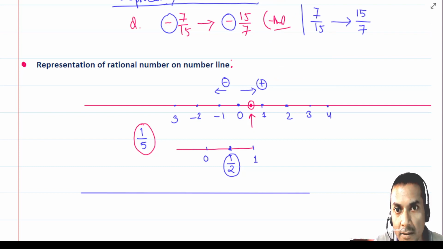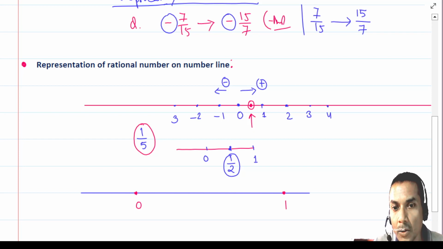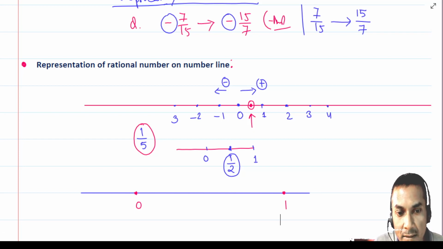Then you put the 0 value here and take some distance for 1, because you have to divide the entire line. You draw a line, put the values 0 and 1 here, and divide the entire line into 5 equal parts: 1, 2, 3, 4, 5. Clear?